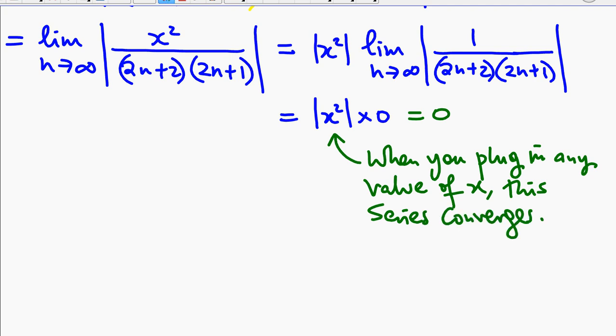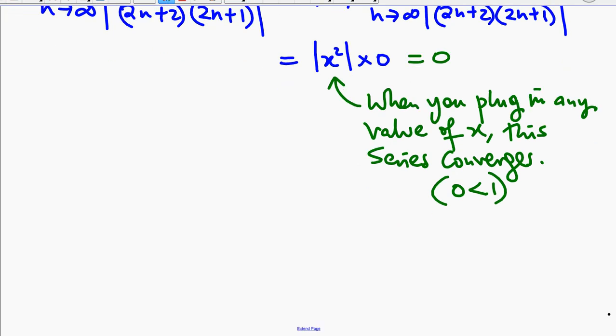Okay? Any number multiplied by 0 is 0. All right? And this is because 0 is less than 1, which is a condition for convergence for the ratio test.